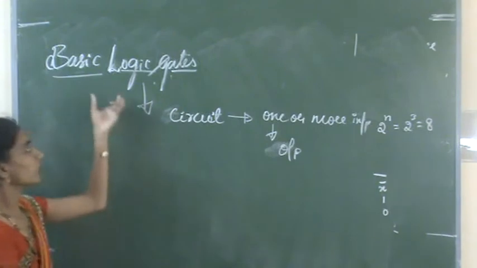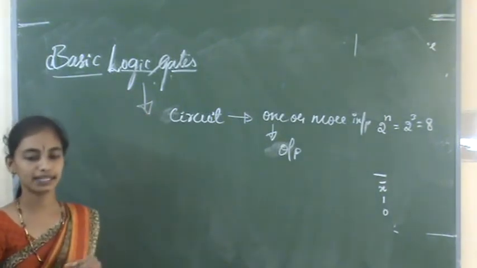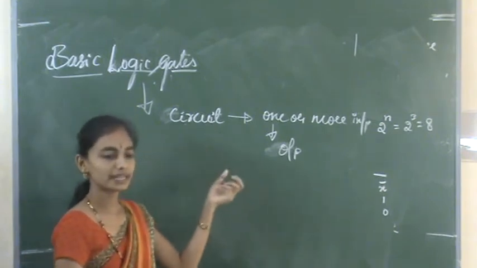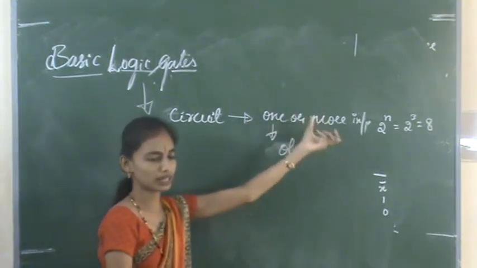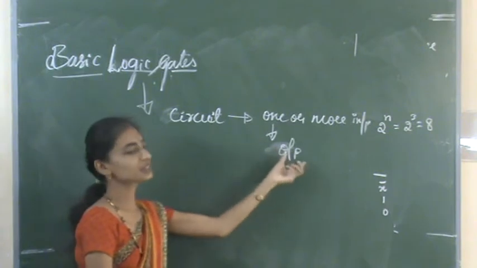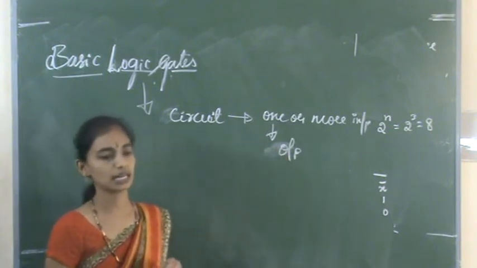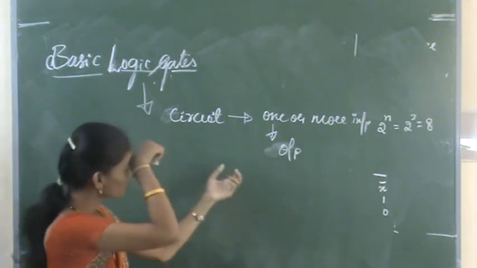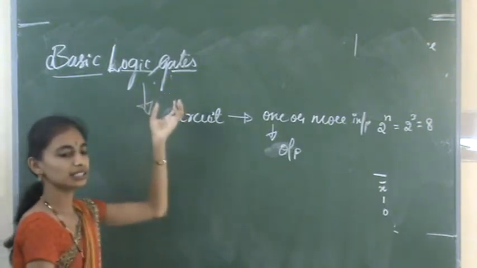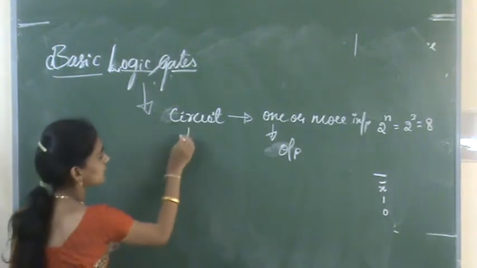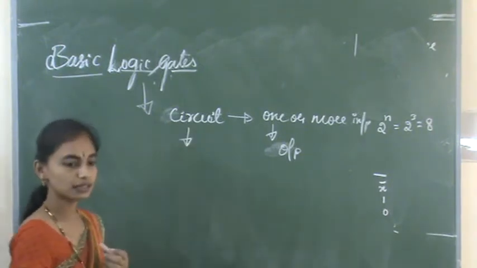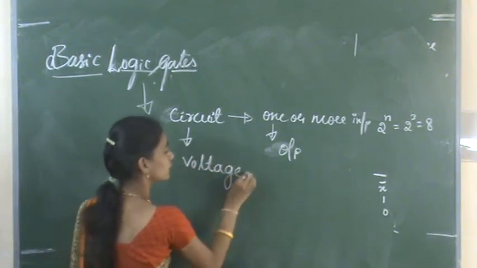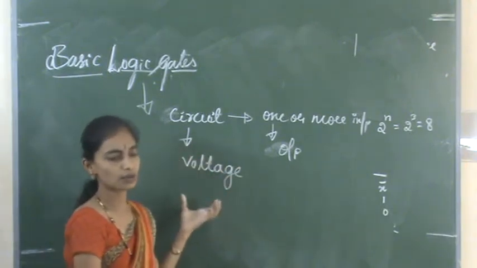Okay, so gate is a simple electronic circuit in which it operates on one or more inputs by producing a single output or by producing an output signal. So gate means, as we know that this circuit utilizes the voltage. If we use circuit means it has a voltage, right?